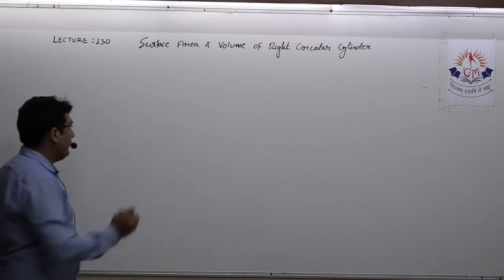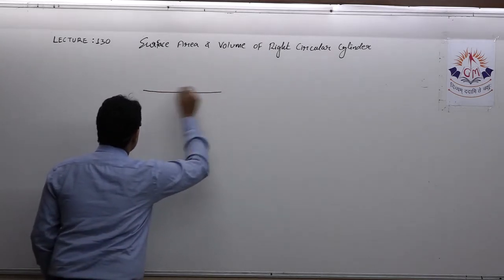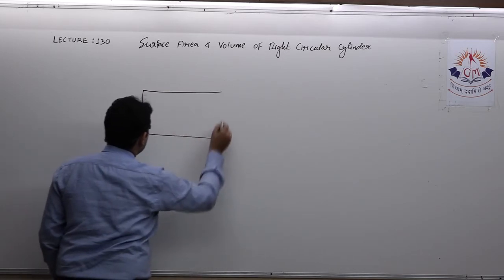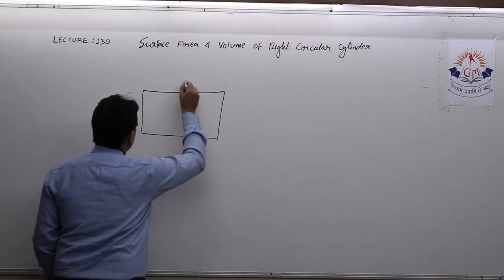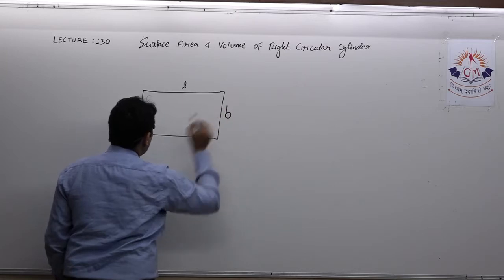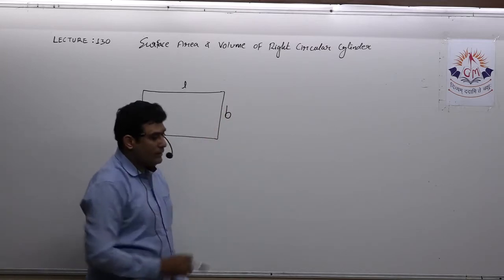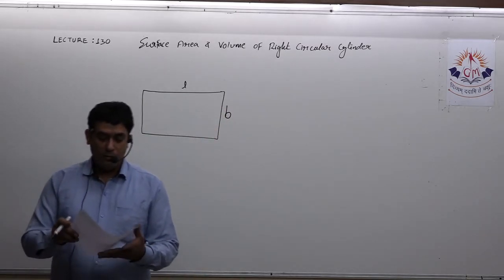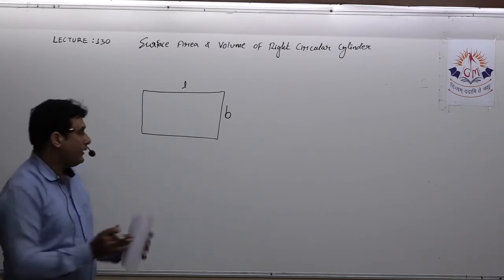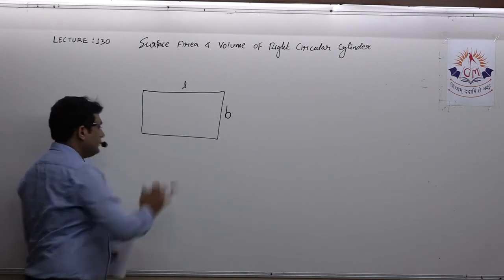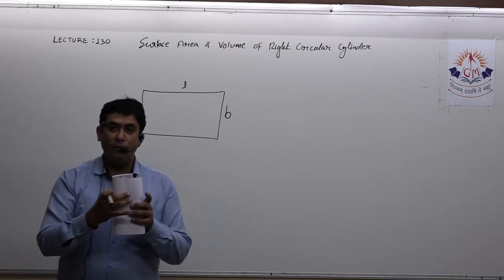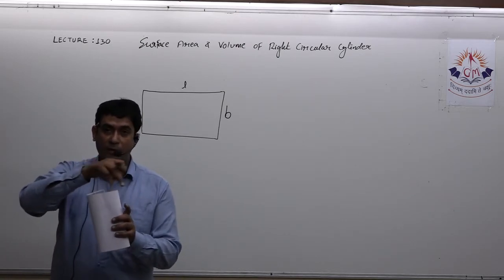Now if I consider that the length of the rectangular sheet is L and the breadth is B, and from this I am getting this cylinder, whatever is the area of this rectangular sheet will be the area of the curved surface of this cylinder.